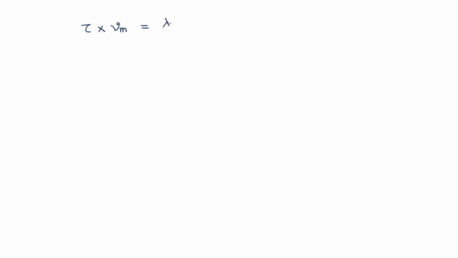Then this is my lambda by 2, the distance, right? So tau is nothing but lambda by 2 Vm.